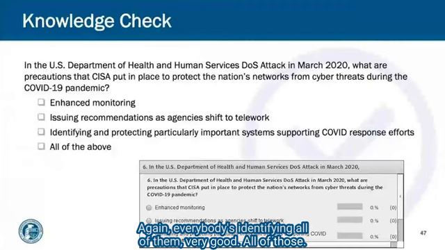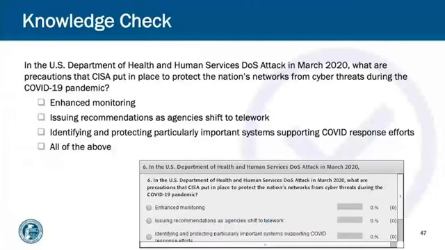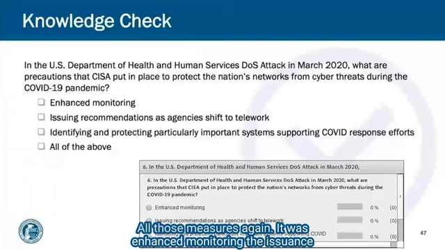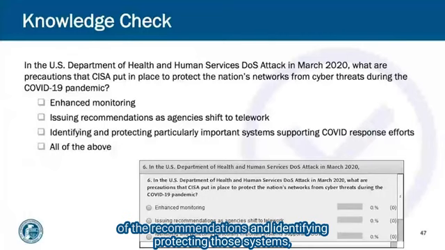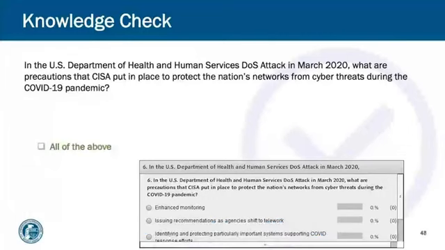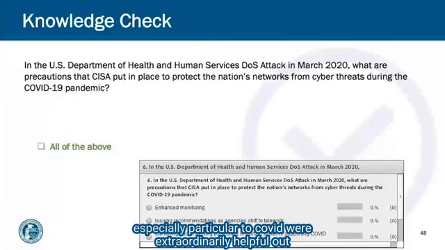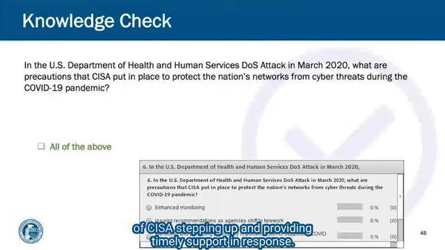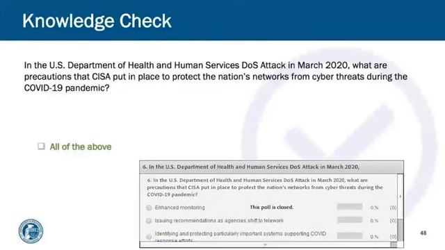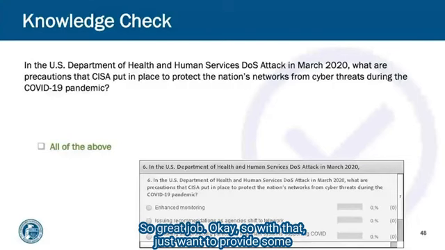Very good. All of those measures, again, those enhanced monitoring, the issuance of the recommendations, and identifying and protecting those systems especially particular to COVID, were extraordinarily helpful out of CISA stepping up and providing timely support and response. So great job.